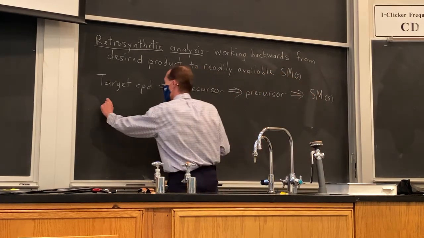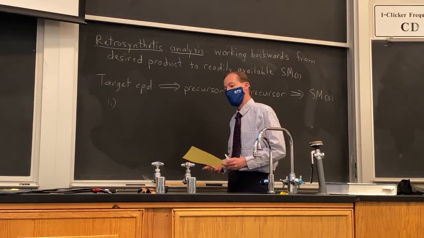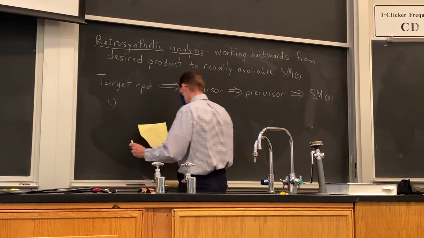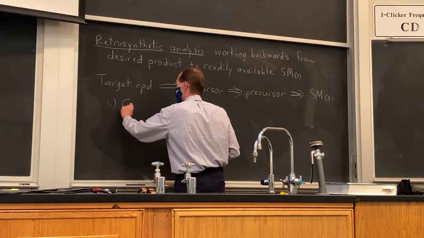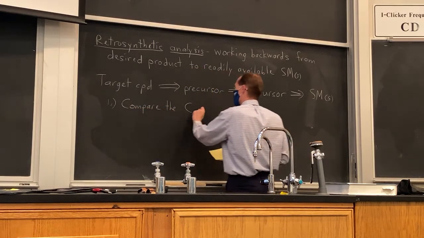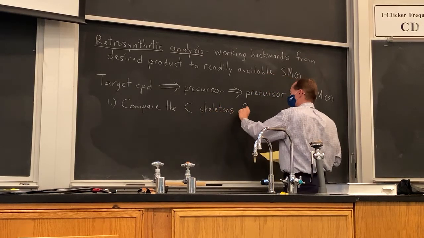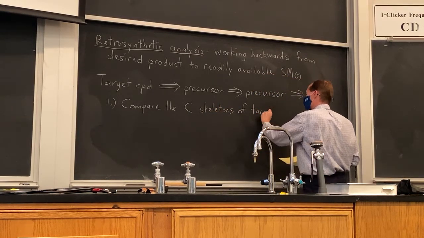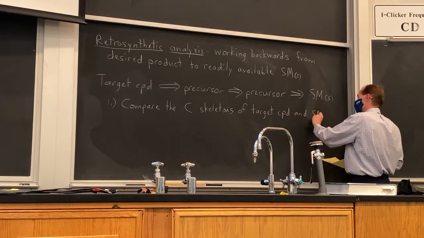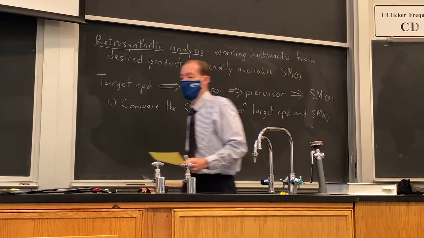So the process, again, there's different ways to solve these problems, but we'll go through a process that works in most cases. The first thing you want to do is compare the carbon skeletons of your target compound and your starting material or starting materials that you're allowed to use.